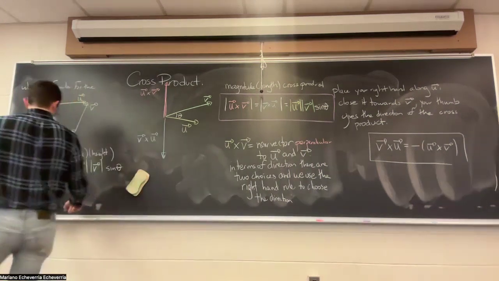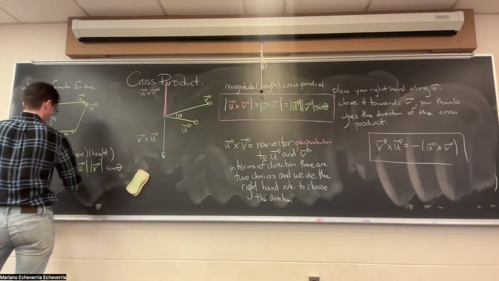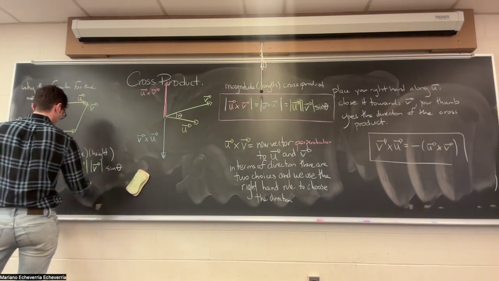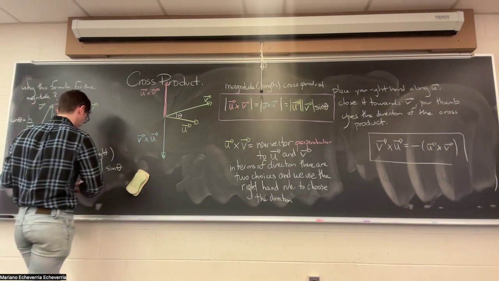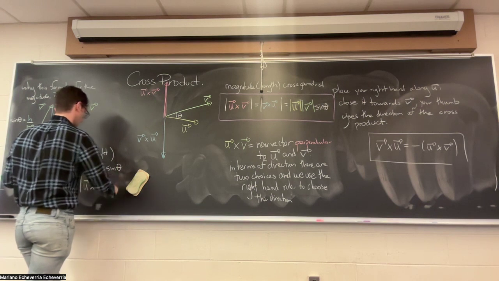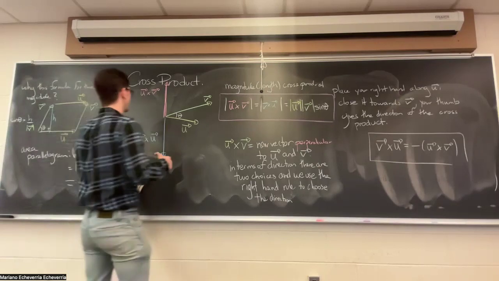So this is the length of u cross v. In other words, what I'm trying to say is that the length of the cross product is the area of the parallelogram that you can build with the vectors u and v. Let me write that down.